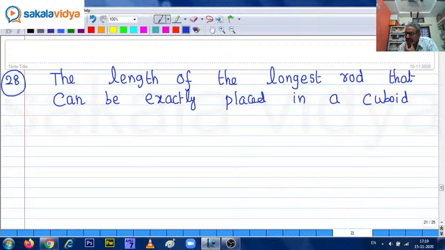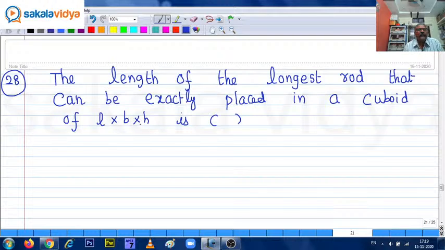Shanmukh from Sri Chaitanya College. Welcome Shanmukh. In a cuboid of dimensions length L, breadth B, height H, L stands for length, B stands for breadth, H stands for height.